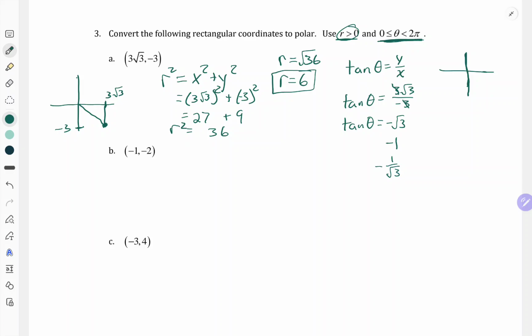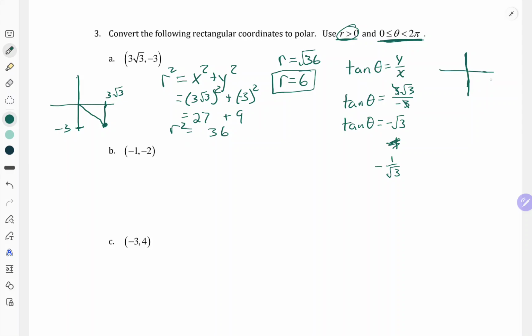So it's either 0 or undefined if it's on the x or y axis, and then it's one of these 3 if it's in the middle. So how do you remember where these go? Well, -1 is right in the middle. That's at all the pi over 4 angles, which we don't have, so it's not going to be in the middle. So it's either going to be closer to the x or closer to the y-axis.